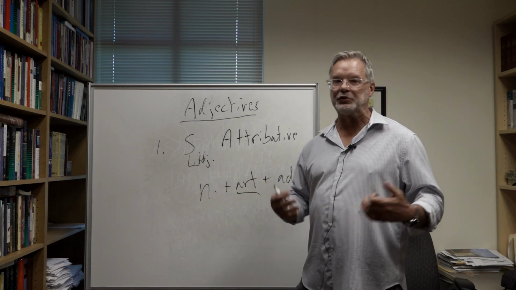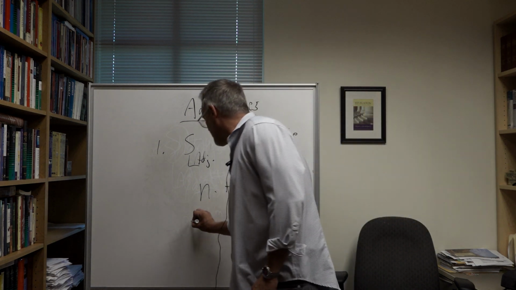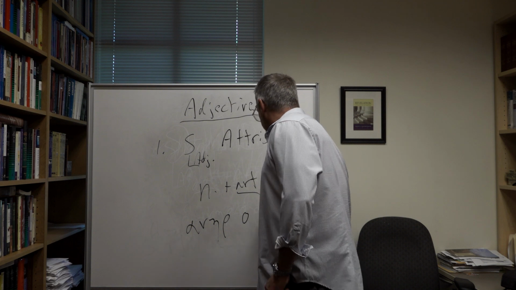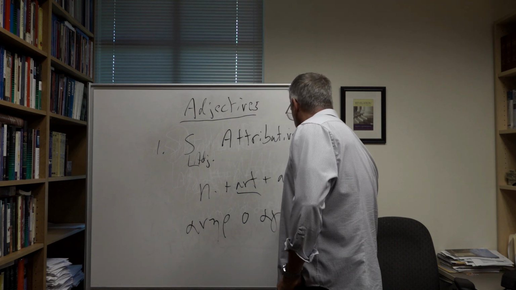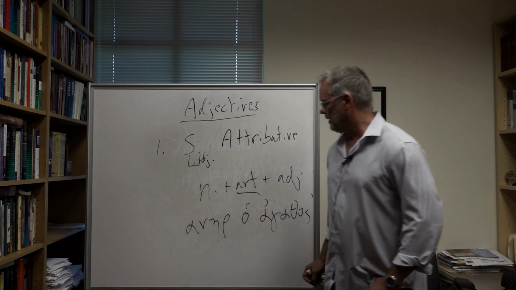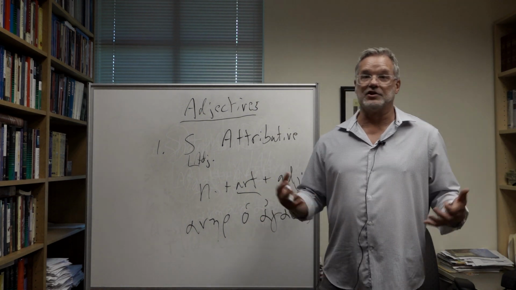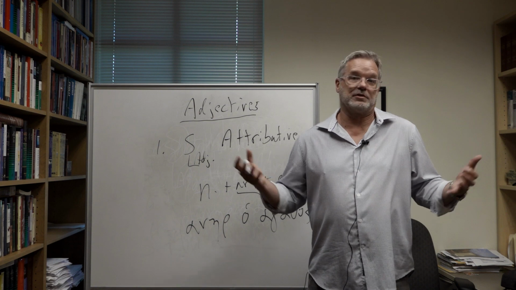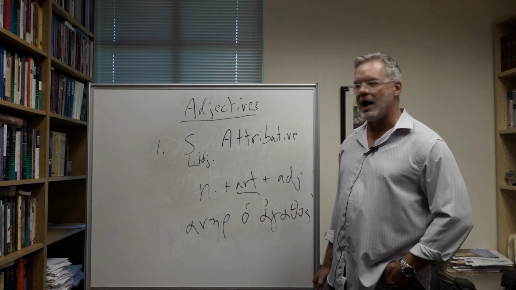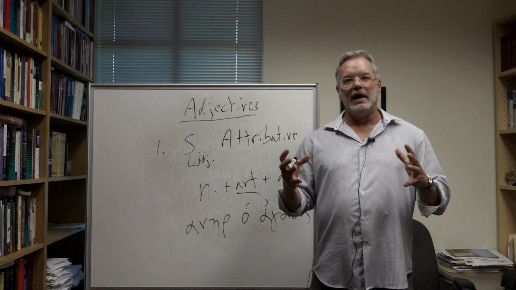Yet we would still translate it the same way in English. So I might say, again, on air, ha agathos. Again, I would still translate it just like the other two, the good man, just because that's the way we do it in English. But this is a third option as far as the arrangement and the position.